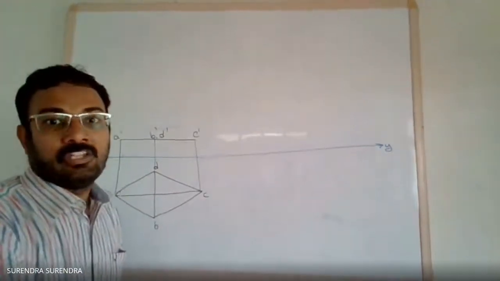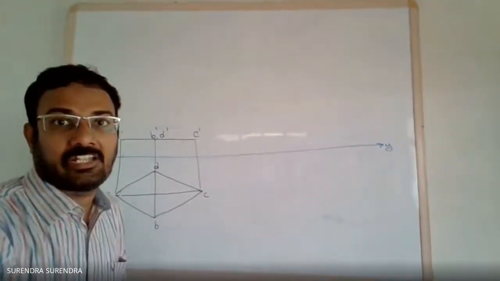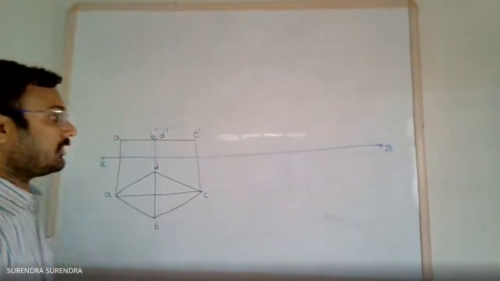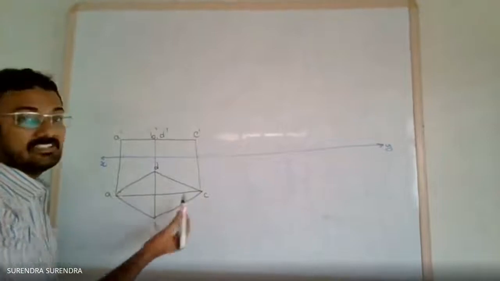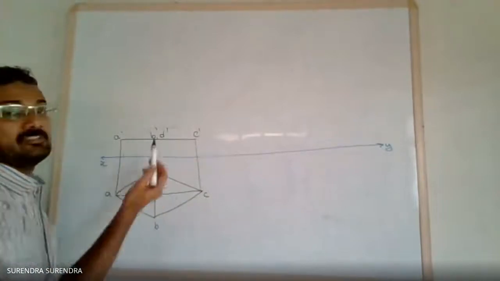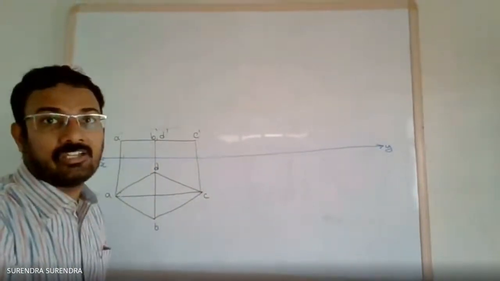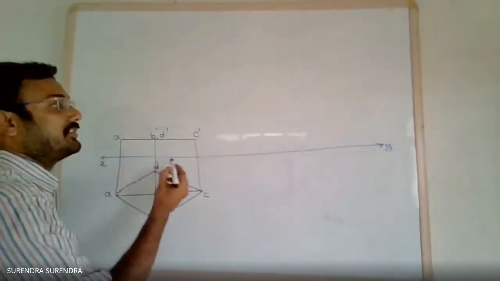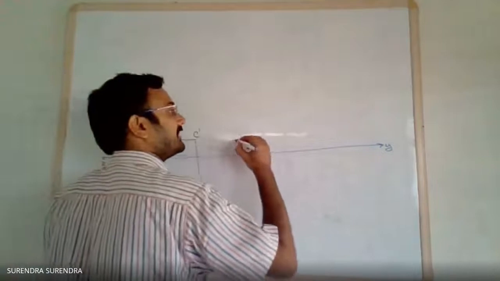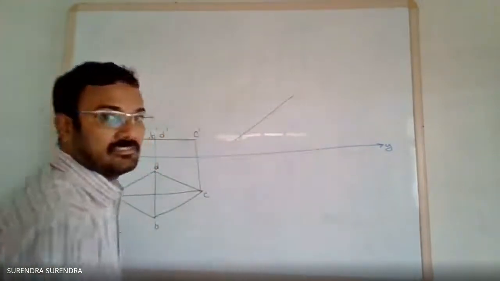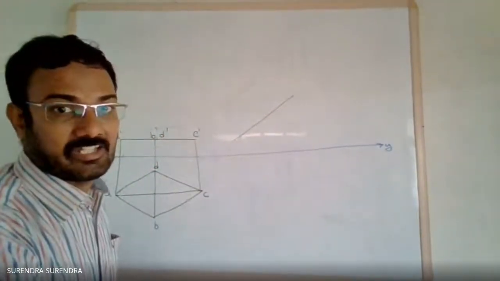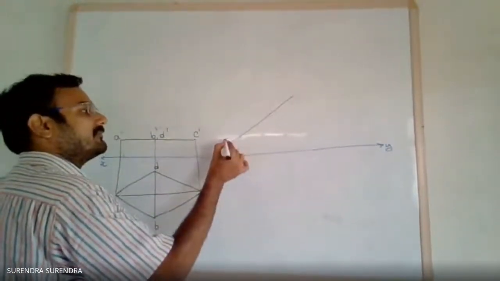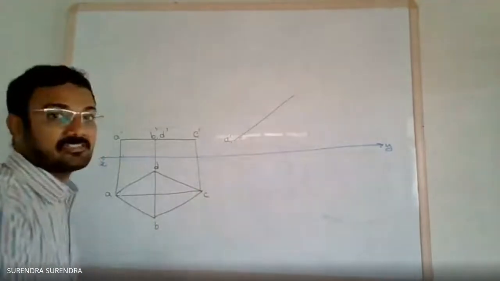Now the longer diagonal is making an inclination of 30 degrees with the horizontal plane. So the longer diagonal is AC. So redraw this line. Redrawing means first you draw any line inclined at 30 degrees and mark the first point A1 dash.